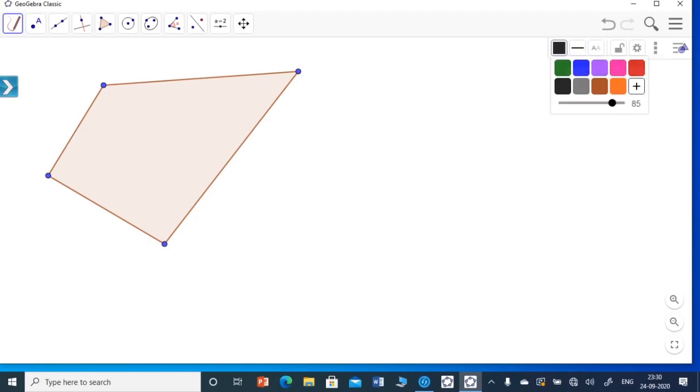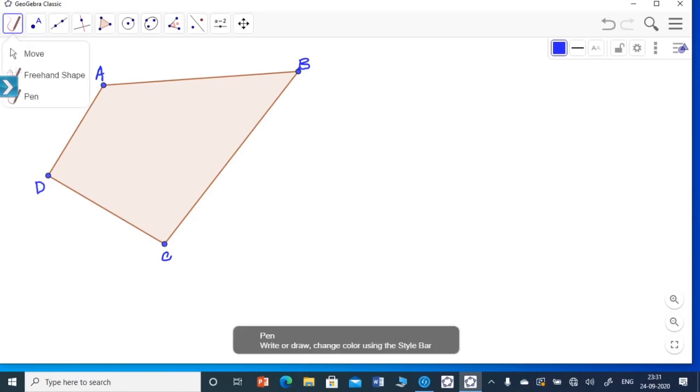Now name the vertices. A, B, C and D are the vertices of the quadrilateral.